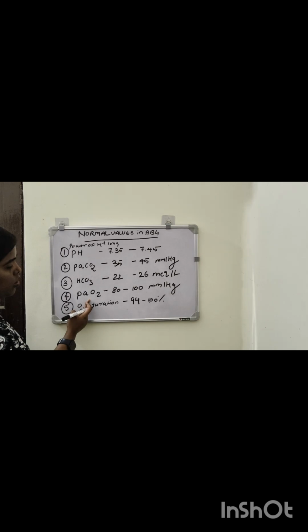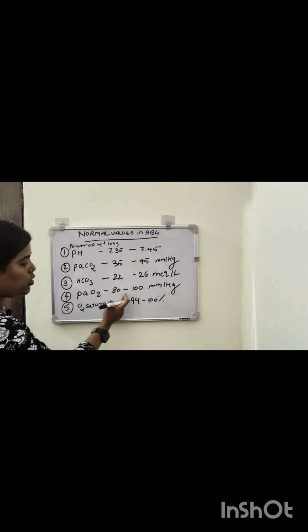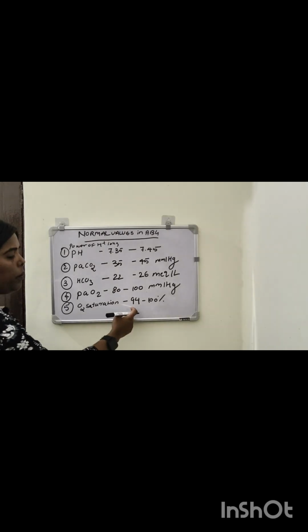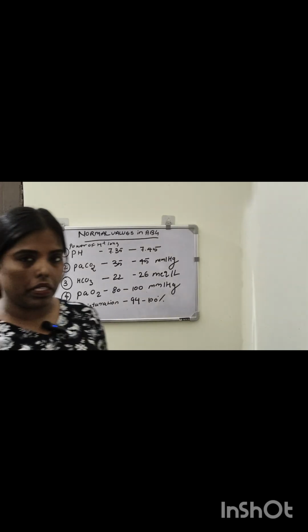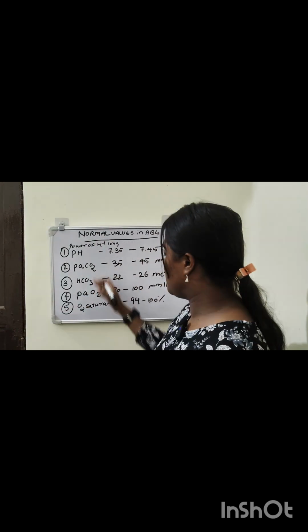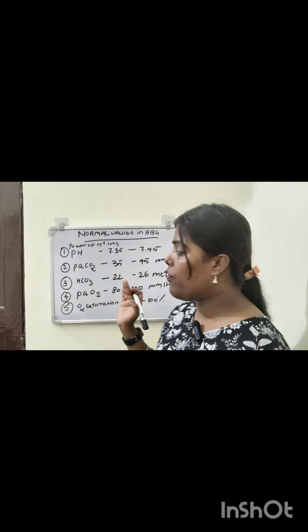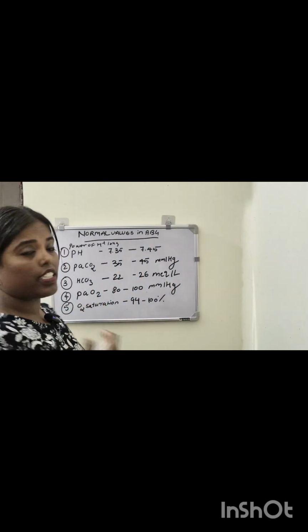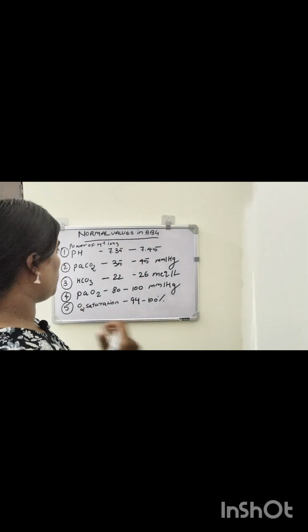The partial pressure of oxygen is 80 to 100 mm of Hg. O2 saturation level will be between 94 to 100%. So we should know the normal values of these determinants in ABG, so we can find out what is the condition and which organ is getting affected in a patient's body.